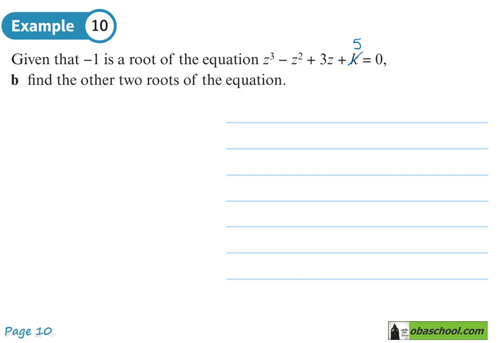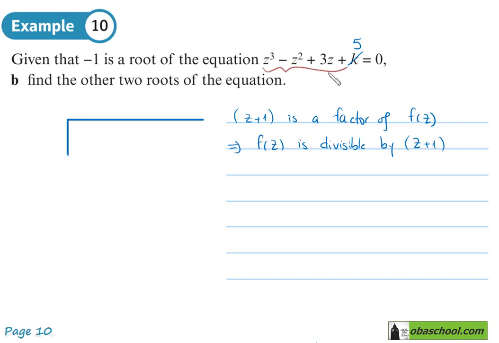We said that z plus 1 is a factor. Therefore, f of z is divisible by z plus 1. So we are going to divide f of z by z plus 1: z cubed minus z squared plus 3z plus 5 to be divided by the factor, which is z plus 1.